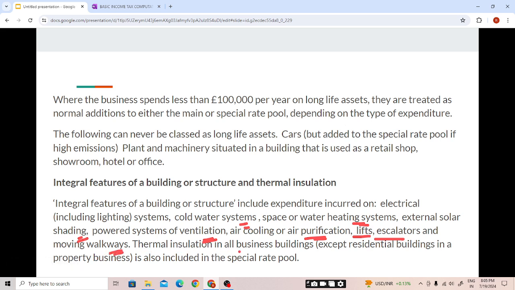Thermal installation in all business buildings except residential buildings in a business property is also included in special rate pool. So these are the examples for integral features like the electric system, cold water system, heating system, air cooling, air purification, ventilation systems, thermal installation in commercial building, not residential building. I hope this is clear.